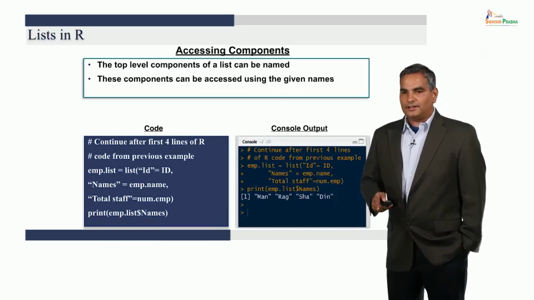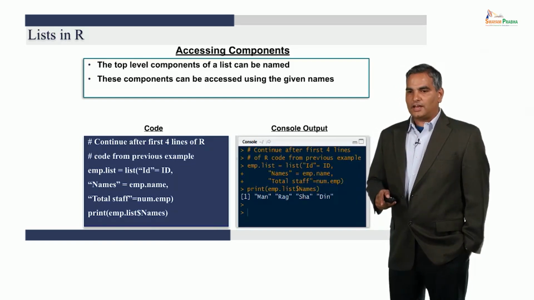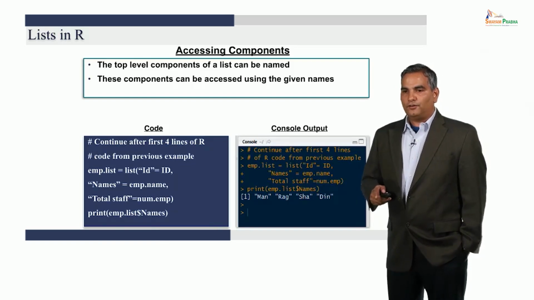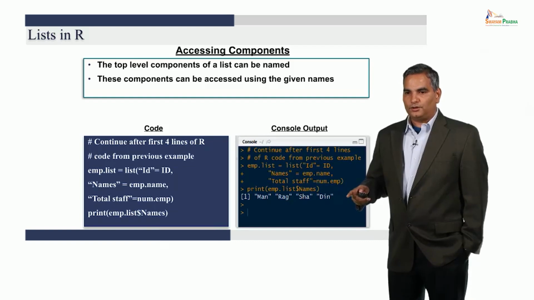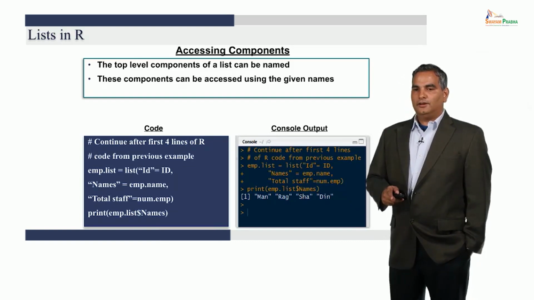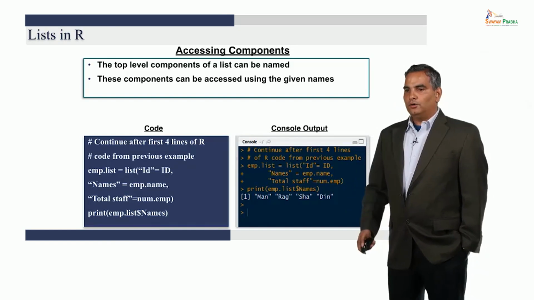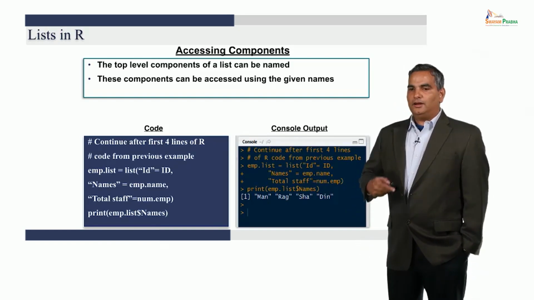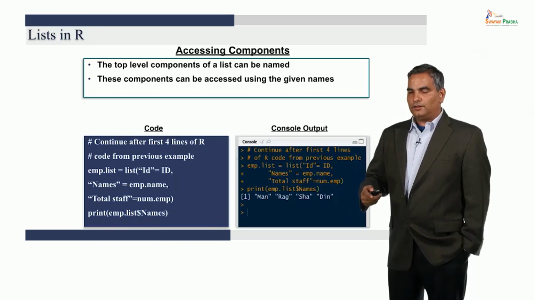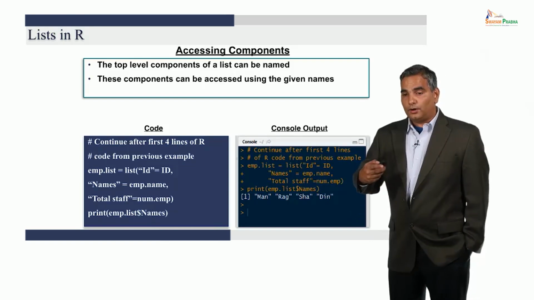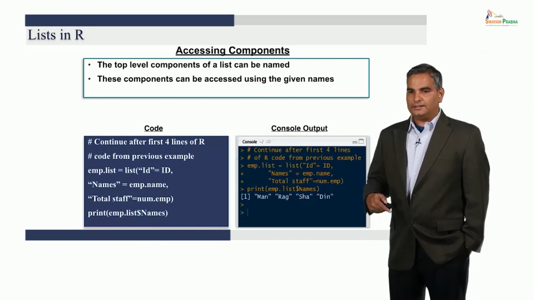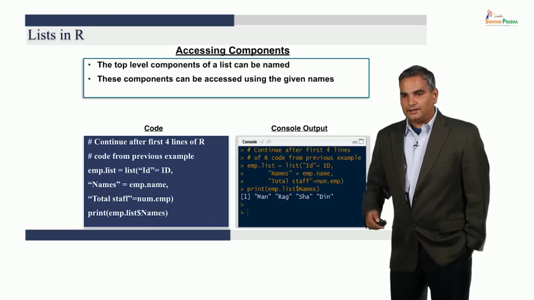So if you look at this command list, within double quotes id is the name we have given for those 4 integers 1, 2, 3, 4, and names is the name we have given for emp.name and so on. So here, not only are we defining the list, we are also defining identifiers for every one of the objects that we have defined in the list, so that they can be easily retrieved and worked with.